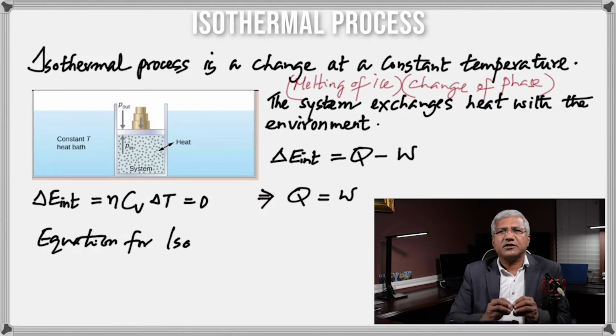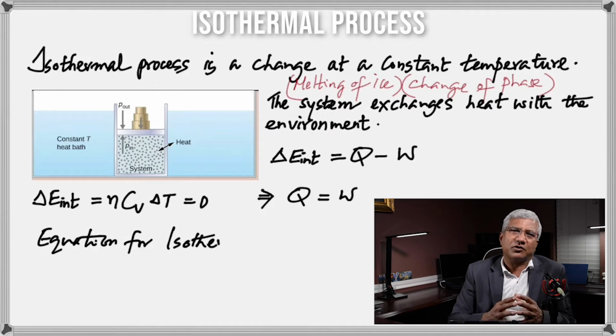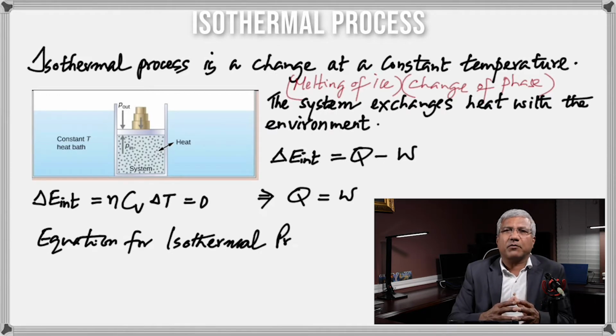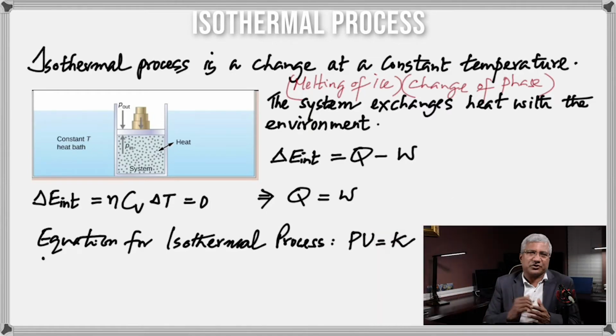And the equation for an isothermal process comes from Boyle's law. Boyle's law is defined at constant temperature, and it states that the product of pressure and volume will always be a constant. So that is the equation for an isothermal process. What does that mean?